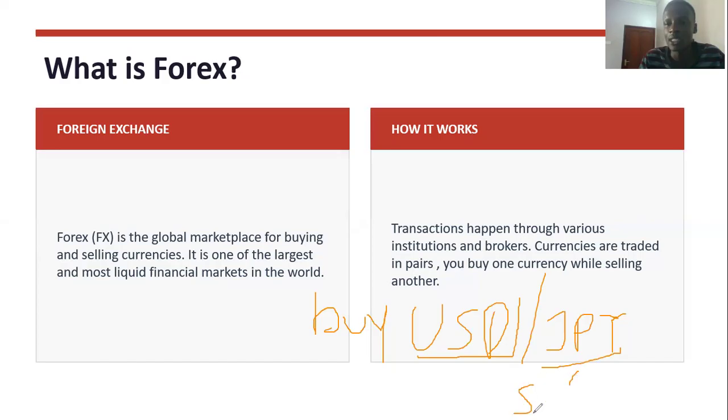So that's what it means by currencies being traded in pairs. That's what the statement means. Here I buy the USD and I sell the JPY. That's how the market works. That's how forex works.